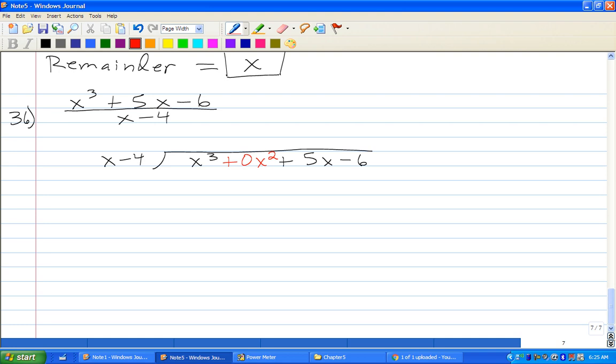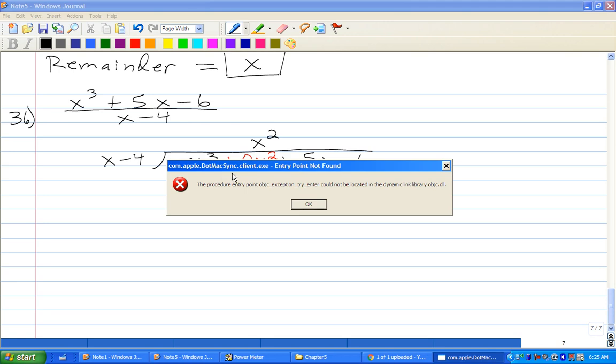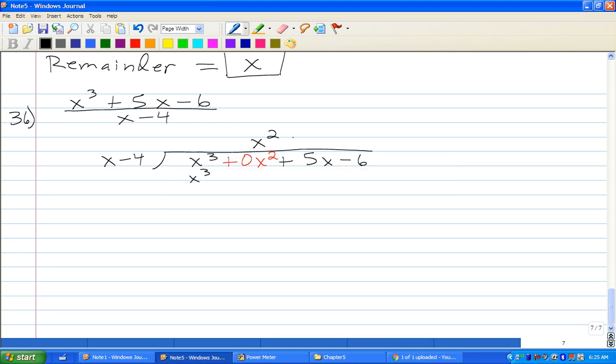And now let's divide. Well, let's do x cubed divided by x. That'll give me x squared. So let's multiply x squared times my x minus 4. I'll get x squared times x is x cubed, x squared times negative 4 is a negative 4x squared.